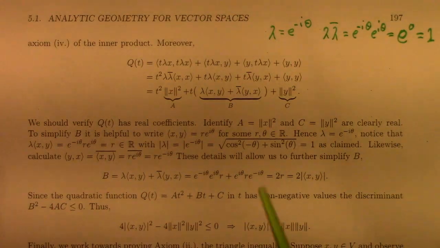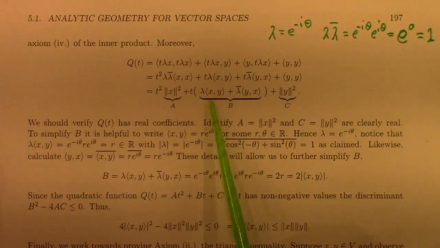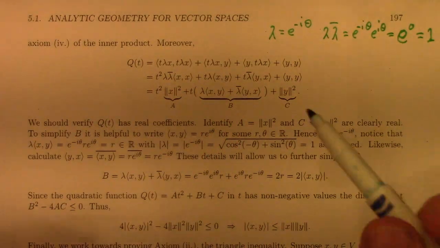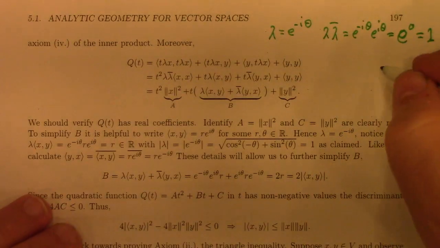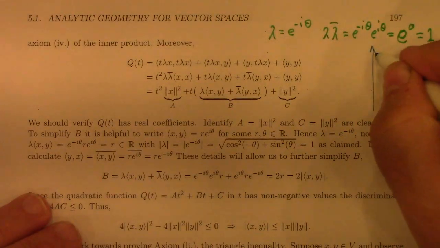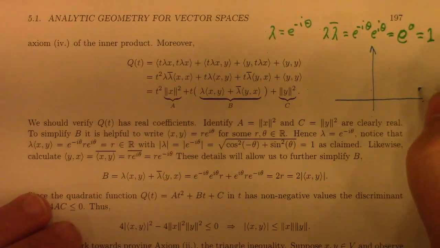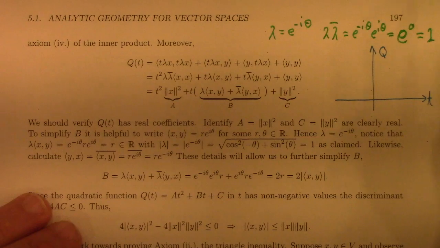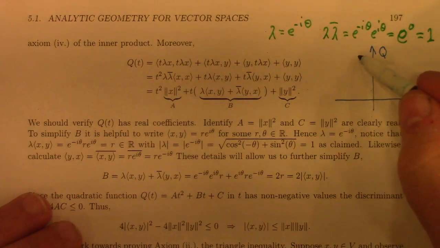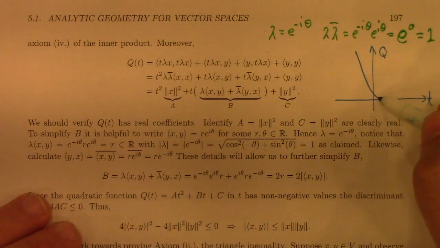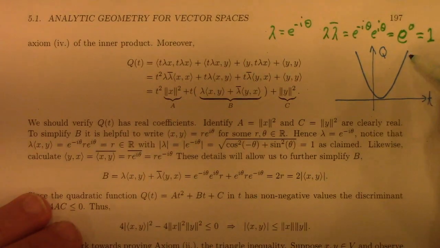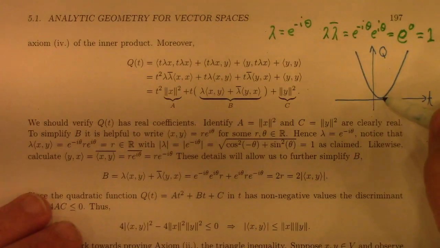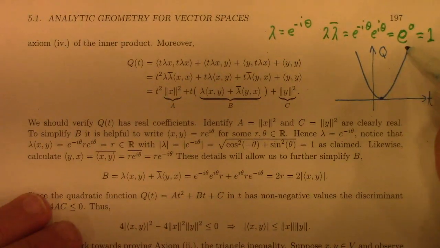So great. And we also know that if we look at the graph of q of t, I'll do it over here, if we look at q going up this way and t going that way, then the graph of q of t has to look, I'm not sure it actually has to get to 0, but it could get to 0, but it definitely can't get lower than 0.